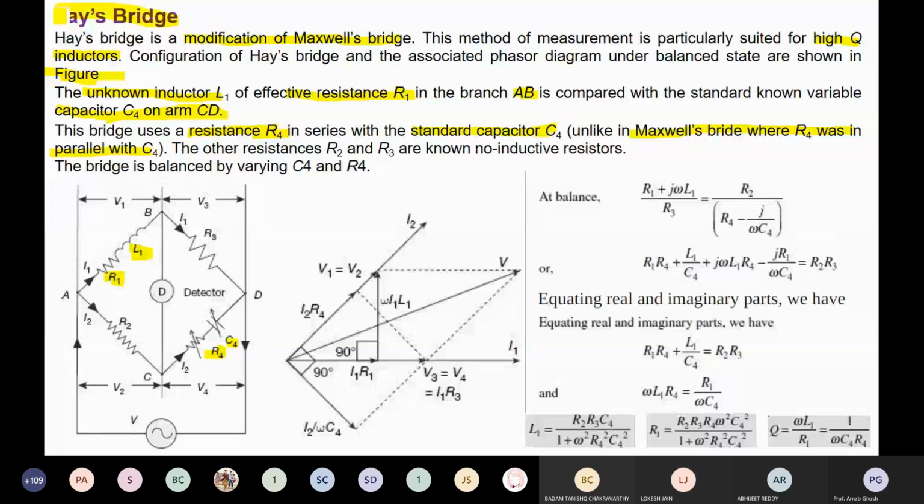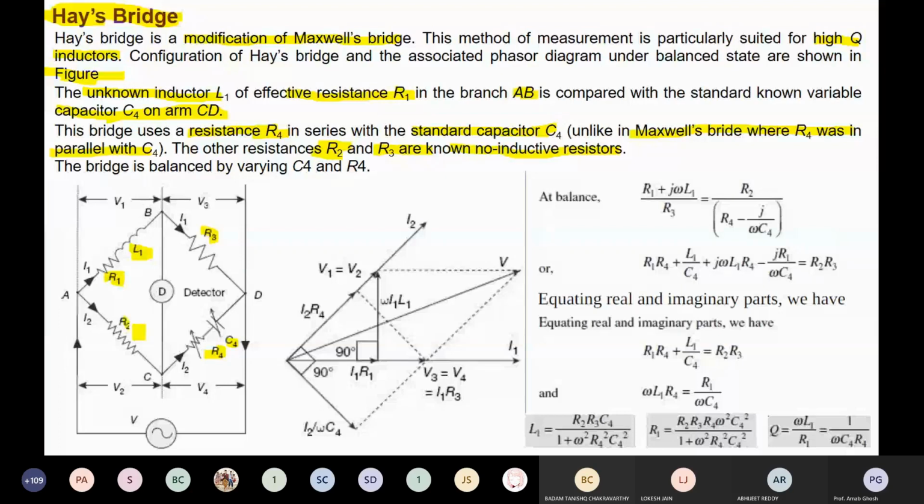Z1 is R1 plus J omega L1, so Z1 by Z3 equals Z2 by Z4. What is your Z4? R4 plus 1 by J omega C4.